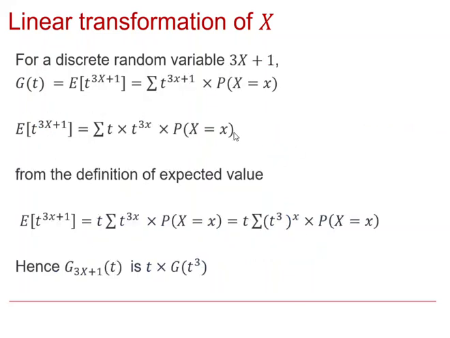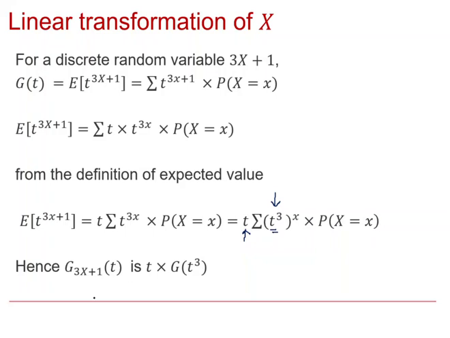Now this slide summarizes what we did on the previous one. We discovered that the probability generating function of 3x plus 1, which is the expected value of t to the power 3x plus 1, can be written as t multiplied by what looks like the expression for a generating function, but rather than having t to the x, we have t cubed to the x.